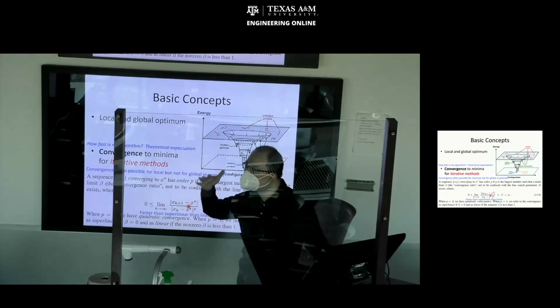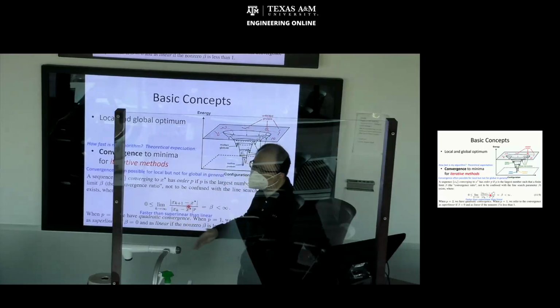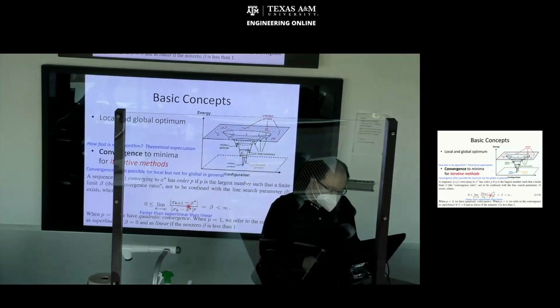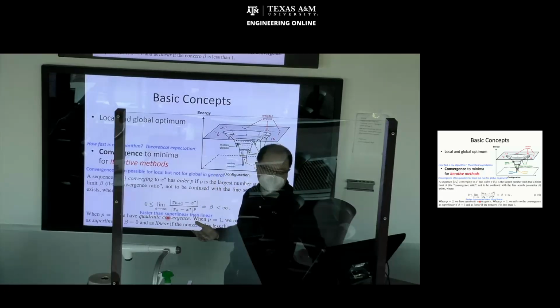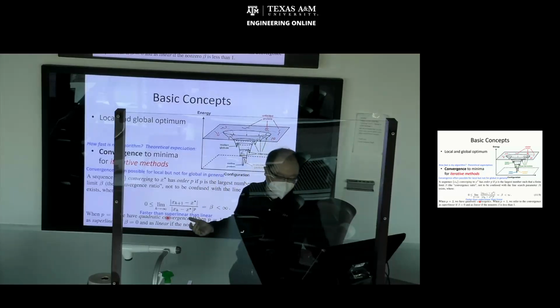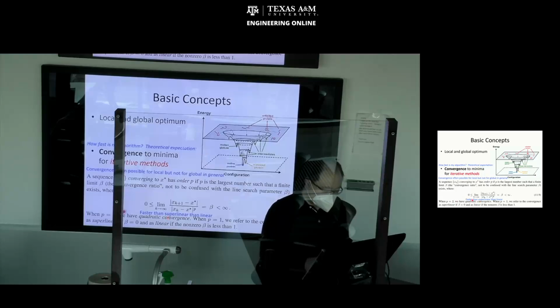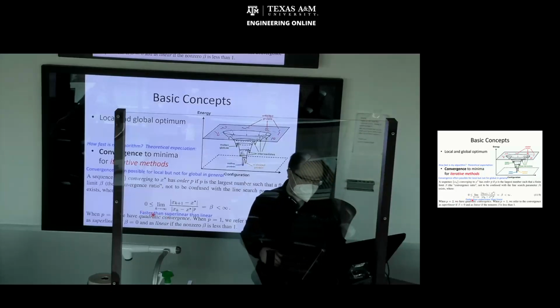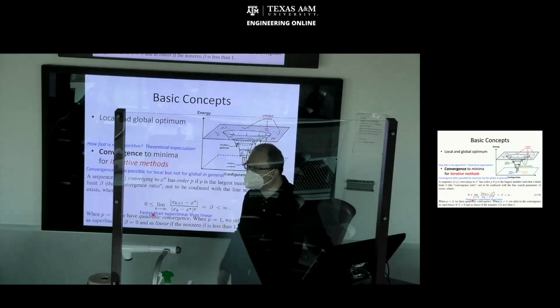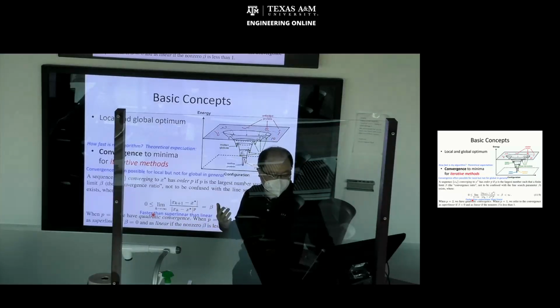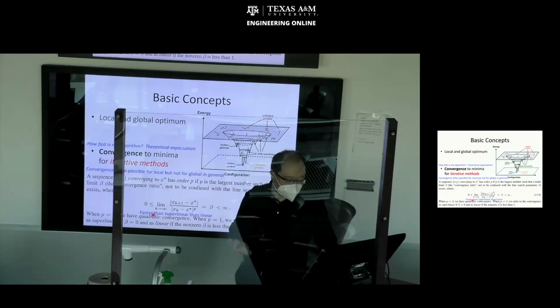It's like the distance is linearly decreasing over the iterations, right? But if beta is equal to 0 and p equal to 1, that means as k goes to infinity, this is much faster than linear. So we call it superlinear, okay? And p equal to 2 is quadratic. And then the higher the convergence, the better. So basically, we want it to converge to the global minimum and also as fast as possible, okay?